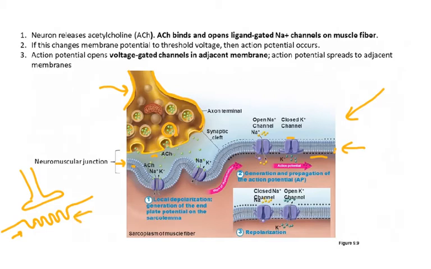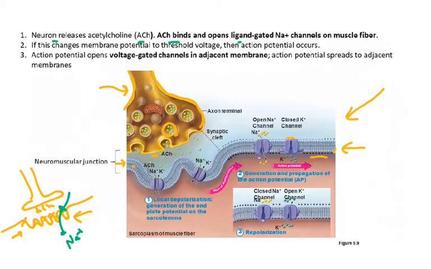And it's folded like that, so there's lots of spaces for the acetylcholine channels, so that we can have lots of acetylcholine interacting with these acetylcholine channels, opening them. The acetylcholine channels are ligand-gated sodium channels, so when acetylcholine binds, they're going to open and sodium will rush in, depolarizing the cell.